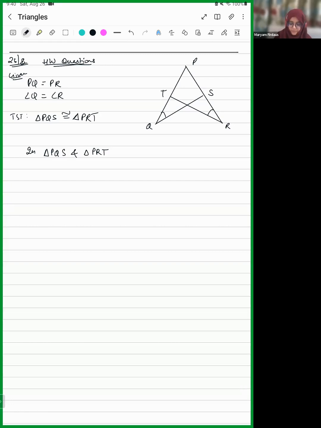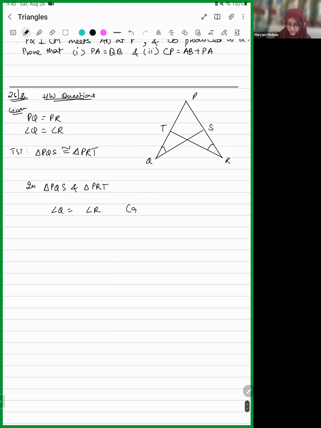Angle Q is equal to angle R, given. Then PQ is equal to PR, given. Angle P is common. Angle P is equal to angle P, common angle.